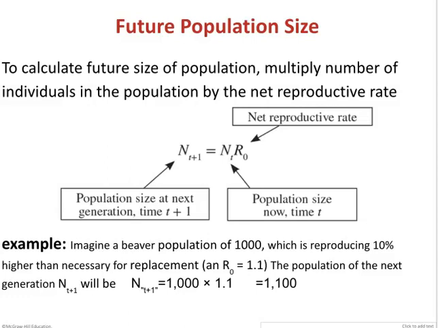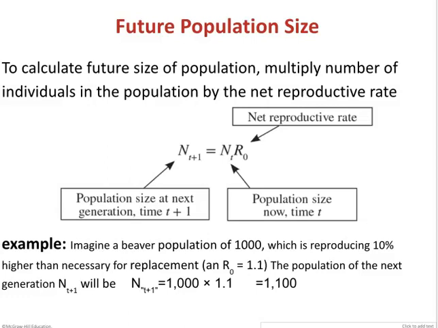The population of the next generation, which is T plus 1, will be 1,000 times a 10% increase, so 1.1. That gives us 1,100. So this year we have 1,000. Next year we would have 1,100 beavers.